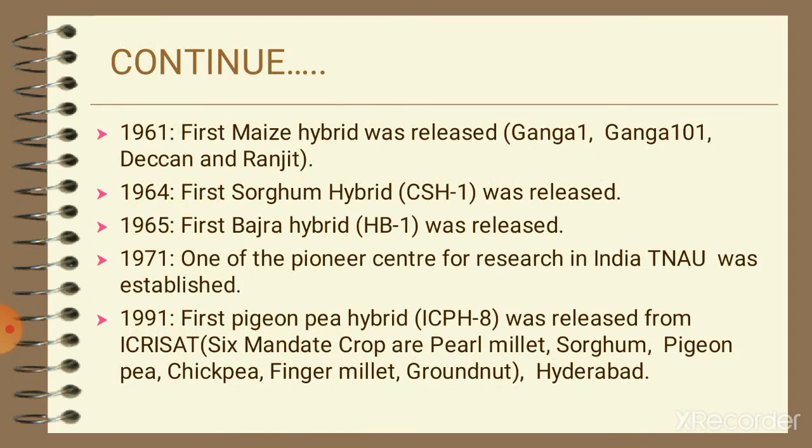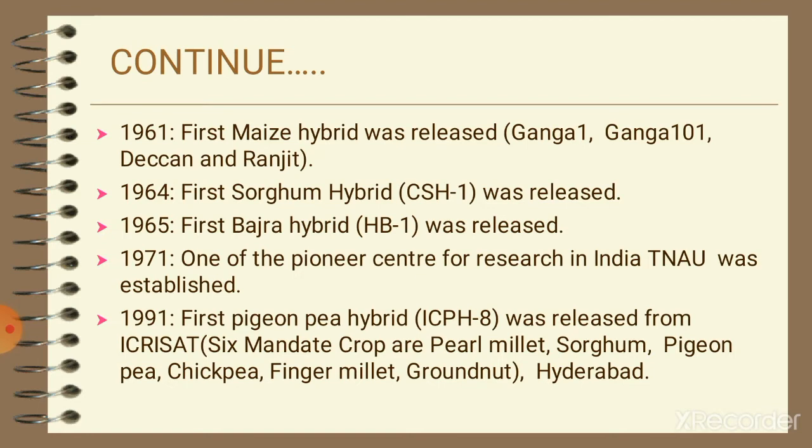In 1961, the first maize hybrids, Ganga 1, Ganga 101, Deccan and Ranjit, were released for commercial cultivation. In 1964, the first sorghum hybrid, CSH1, was released. In 1965, the first Bajra hybrid, HB1, was released.